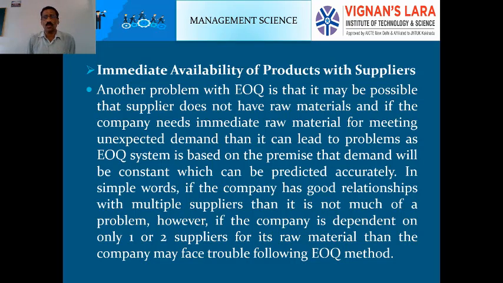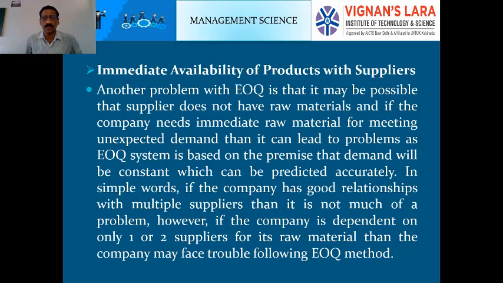Another problem with EOQ is that it may be possible that suppliers do not have raw material, and the company needs immediate raw material for meeting unexpected demand. Yes, unexpected demand has been raised, quotations received, but there is no material from the suppliers. What happened? We lose the opportunity.